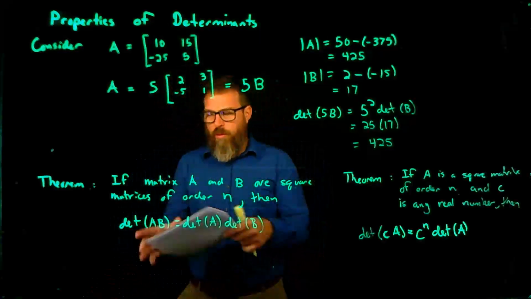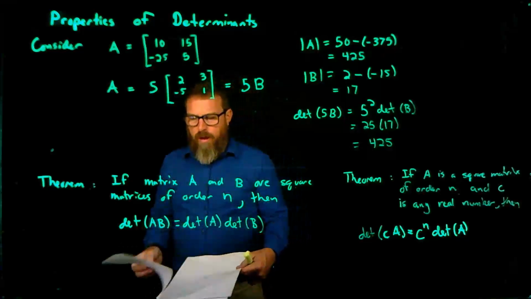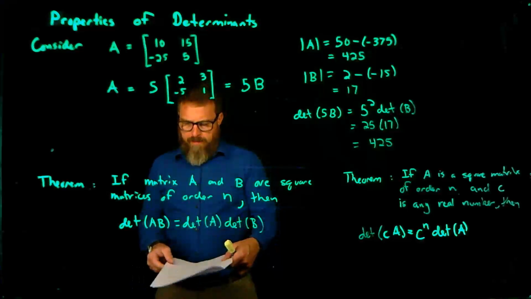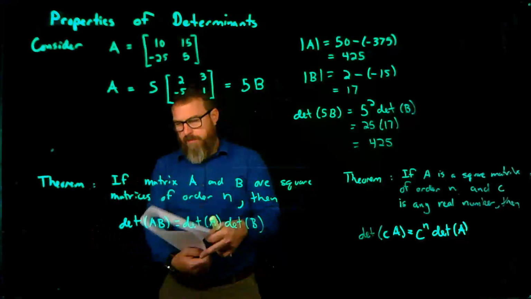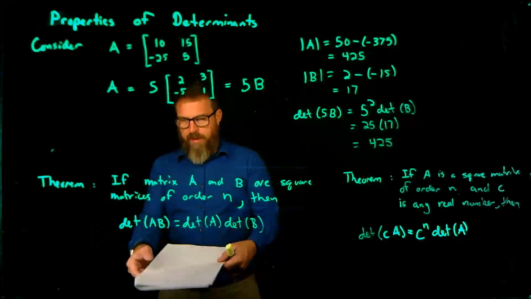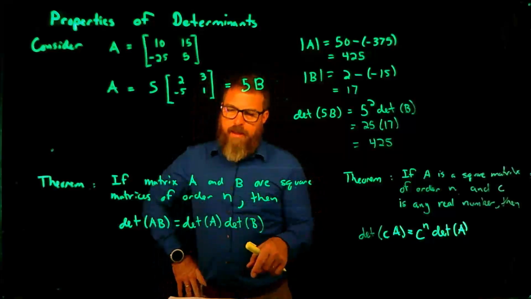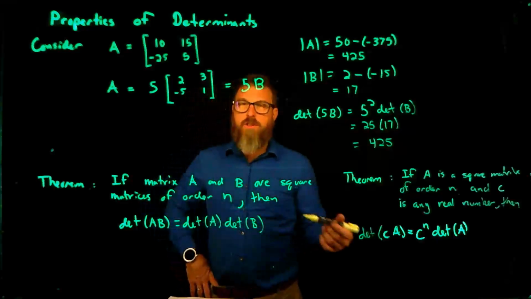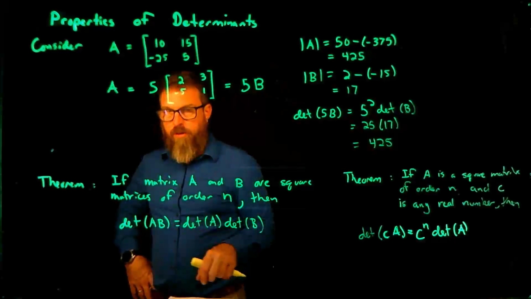The last two properties I want to cover are verifying that a matrix has an inverse if its determinant is not equal to 0, and I'm going to use this theorem here to prove that.